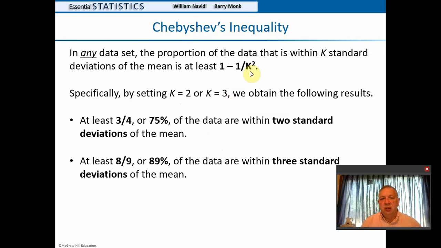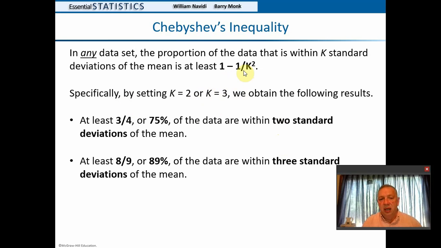And if we do this number for 3, 1 minus 1/9, that's 8/9, and this number is like 89%. 89% of the data are within 3 standard deviations. At least, and I'd like to point out that at least again, it could be more. All of the data could be within the 1, it could be within the 2, or within the 3.